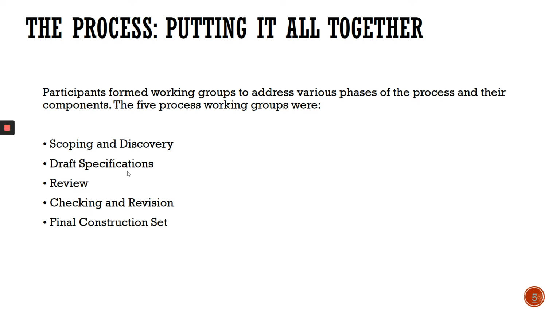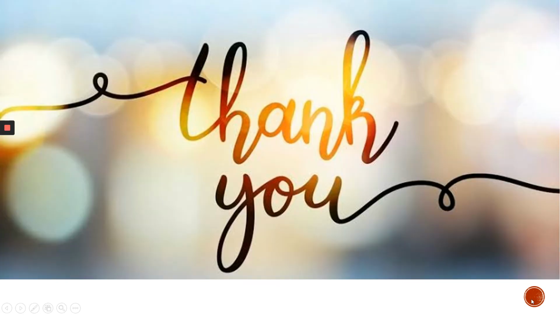So that is very basic specifications, but for bigger projects, you need really clear specifications. So there are 5 processes of putting it all together. The first one is scoping and discovery. Then you make the draft. After that review. Then you check. And the final one, you will have a booklet or something for the big projects. All the specs are in there.